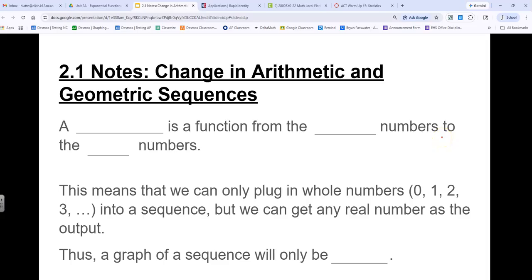Here, so a sequence is a function from the whole numbers to the real numbers.